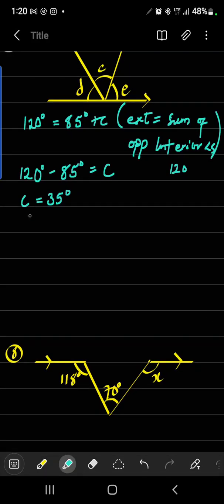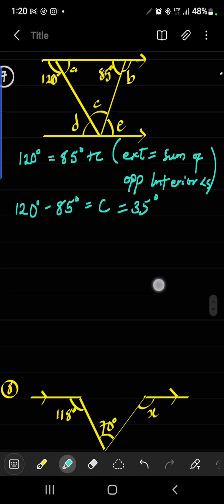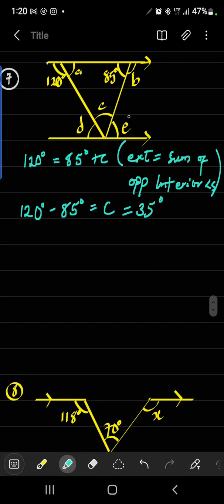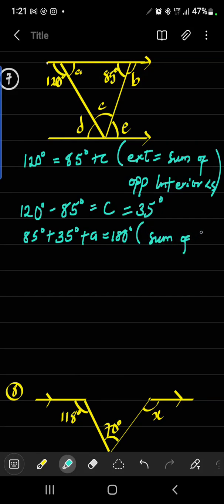So from this triangle you can see that 85 degrees plus 35 degrees, which is your C, plus A equals 180 degrees, and the reason is sum of angles in a triangle.